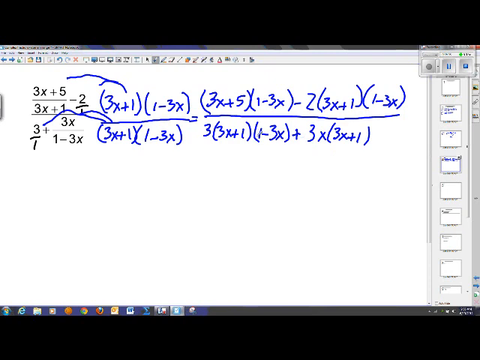Now, you'll notice in the numerator, I have a couple of terms in common. Those terms are this 1 minus 3x and this 1 minus 3x. Since those terms are in common, I'm allowed to factor those out. It's kind of like factoring out a GCF. So I'm going to pull out a 1 minus 3x.